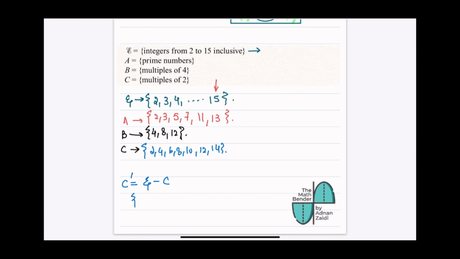So all the elements are here: 2, 3, and so on till 15, minus 2, 4, 6, 8, 10, 12, 14. You'll be left with 3, 5, 7, 9, 11, 13, and 15. This is C complement.